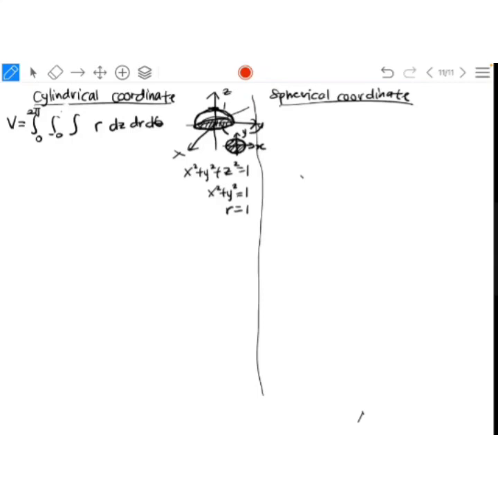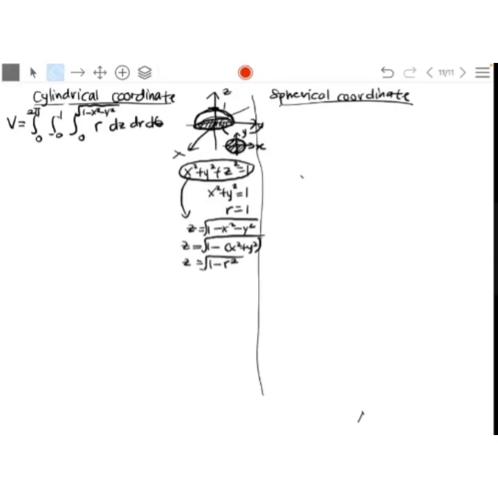Okay, the z depends on this equation, from 0 until the square root of 1 minus x squared minus y squared. However, it has x and y, right? We have to change x and y to r and theta as well. So from here we have z equals the square root of 1 minus x squared plus y squared. What is x squared plus y squared? It is r squared.